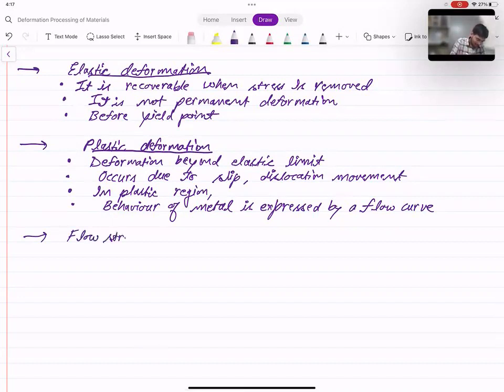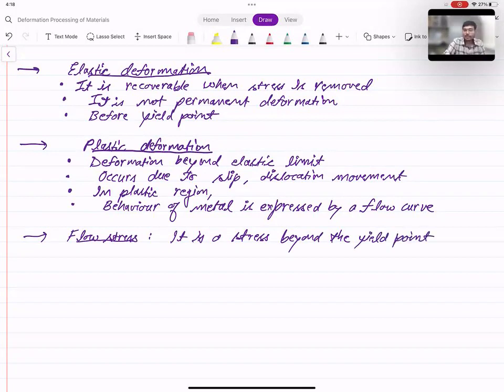Flow stress means it is a stress beyond the yield point at which the material keeps deforming or keeps flowing, at which the material deforms plastically.